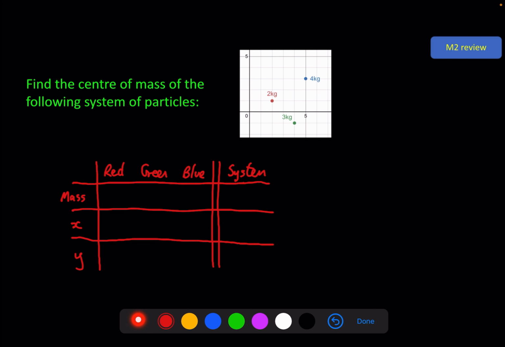So for the red we've got 2 kilograms, the green 3, the blue 4, total system mass 9 kilograms. The x coordinate of each particle is 2, 4, 5, and the x coordinate of the center of mass of the system we called x bar. The y coordinates are 1, -1 and 3, and here y bar.